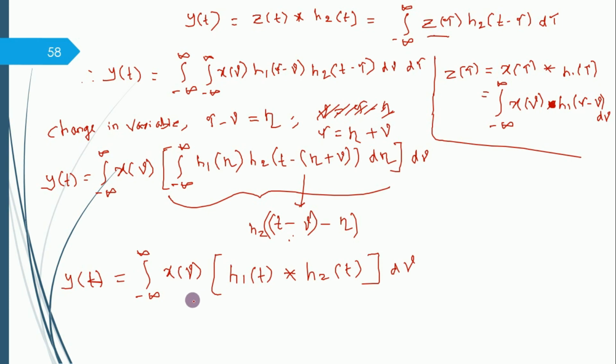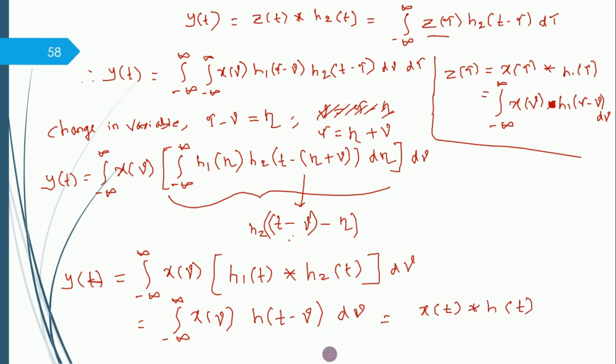Hence you can write it as integration from minus infinity to plus infinity x of v, h of t minus v, dv, which is equivalent to x of t convolved with h of t.